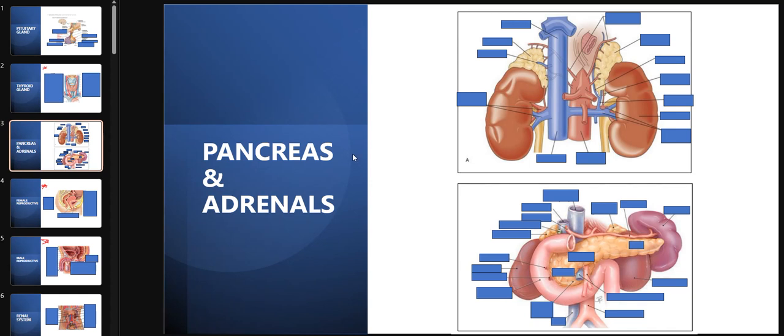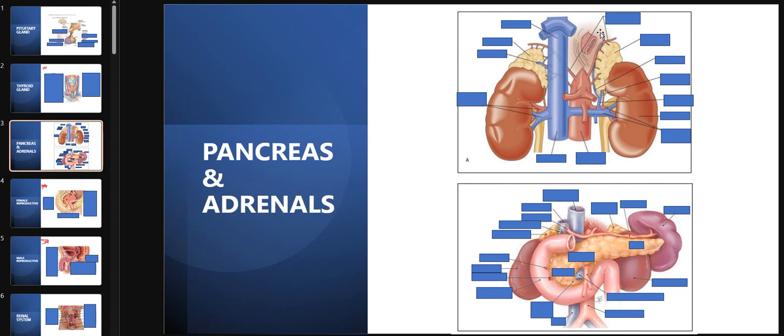Pancreas and adrenals. Okay, this one usually takes me a little while to get through. Let me see. So we have the right renal artery and veins, the right adrenal vein, right adrenal gland, inferior vena cava.